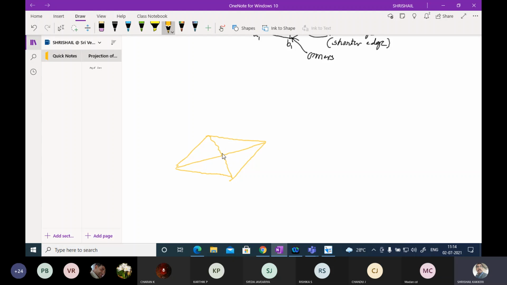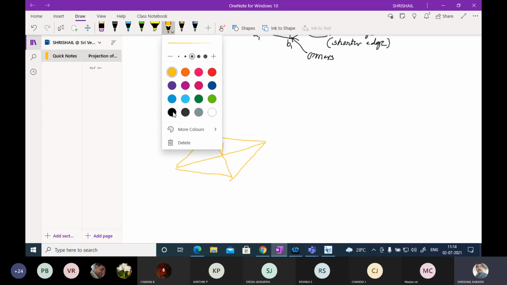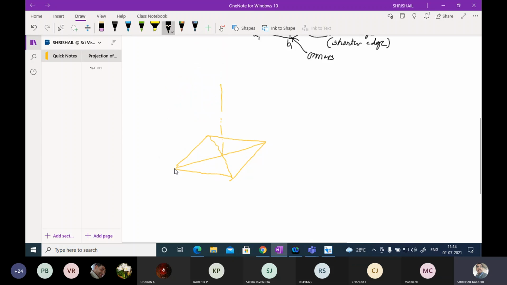We will get the axis point here, and from the axis point I am going to take some height to the top. Now let me construct the pyramid. Many of us will confuse themselves. Instead of a pyramid, they'll make it a prism, and instead of a prism, they'll make it a pyramid. In the examination, please take care.